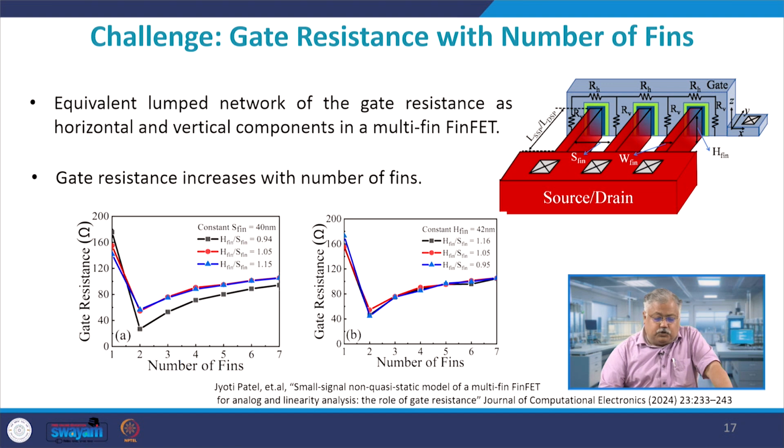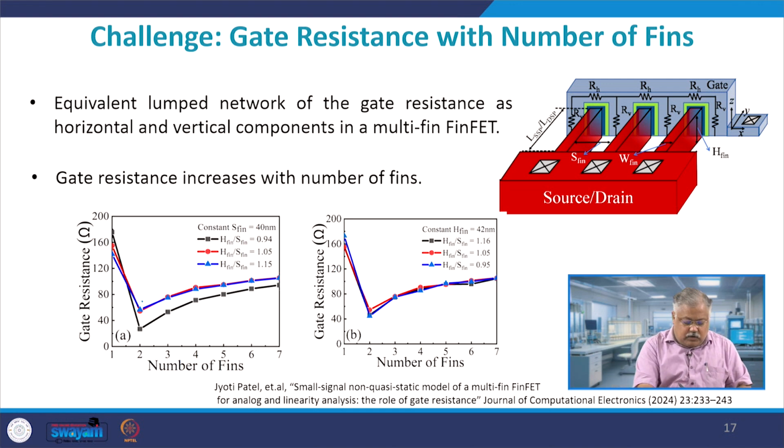Basically, the challenge you face with the number of fins is that when you increase the number of fins, your gate resistance actually increases. So, though you gain in terms of a higher Ion, you end up having a larger delay because of the resistive effect of these gates, which is also visible here.